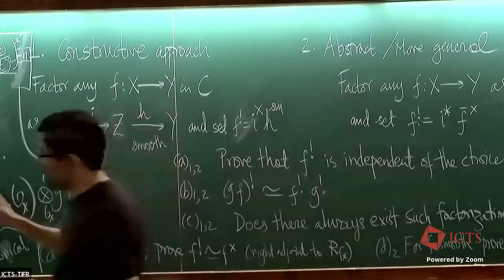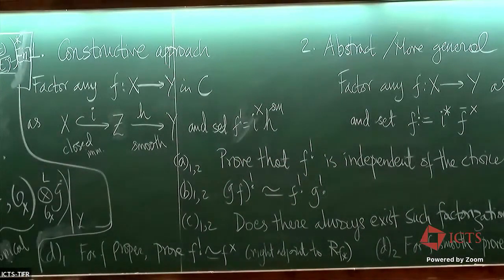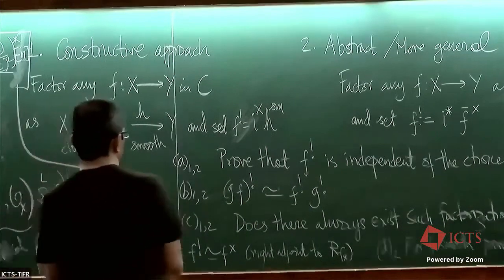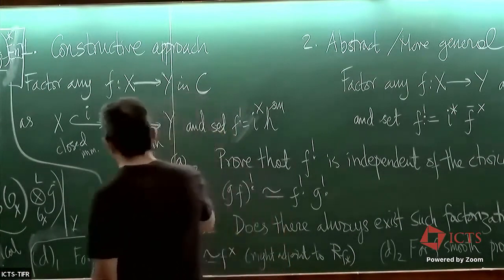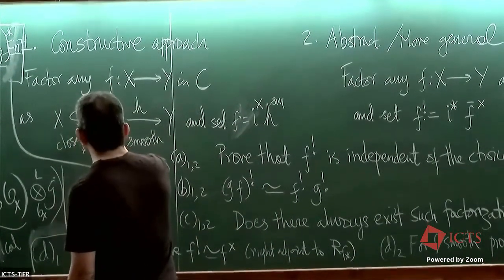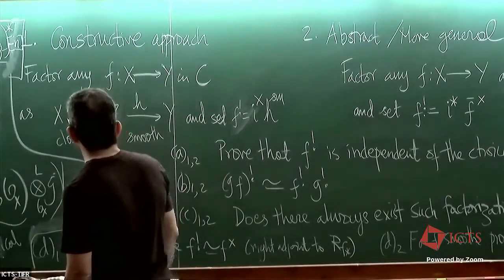But what one will show is that certainly every relative projective space has the right adjoint property, and also for closed immersions you can write down the adjoint explicitly.